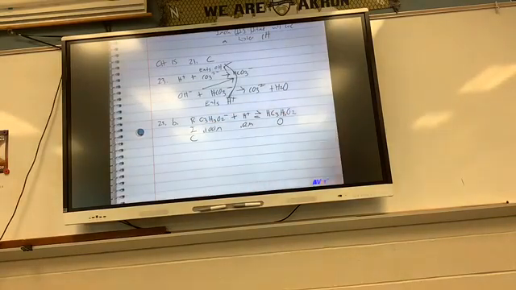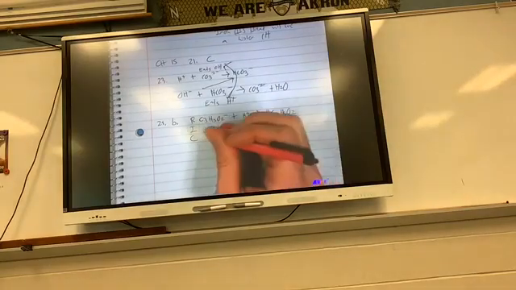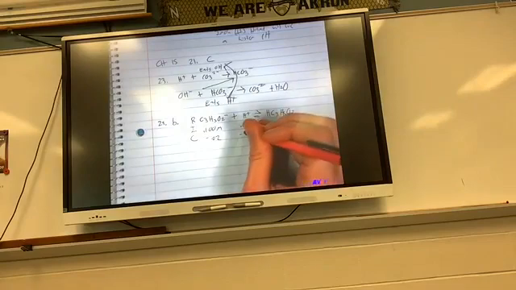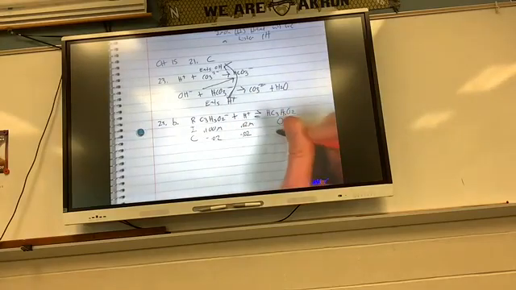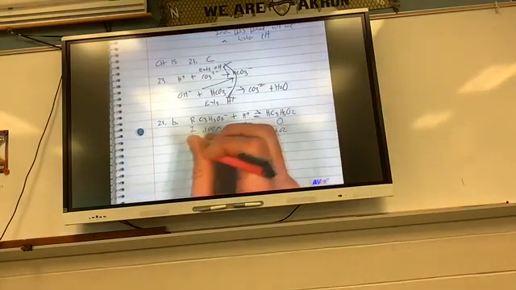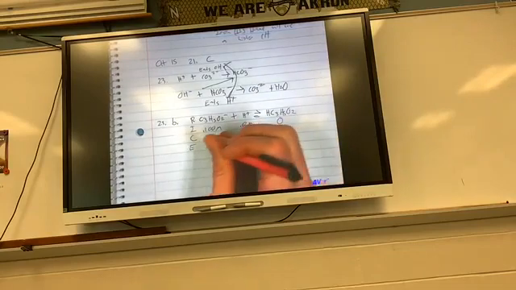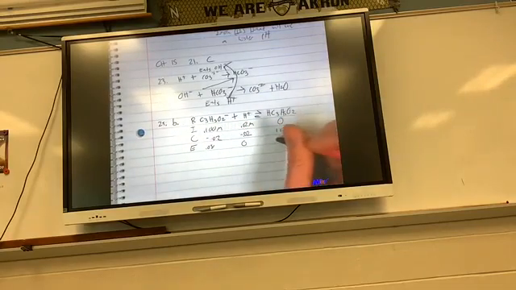So, change: what's my limiting reactant? The 0.02. So minus 0.02, minus 0.02, plus 0.02. So my equilibrium is 0.08, 0, 0.02.